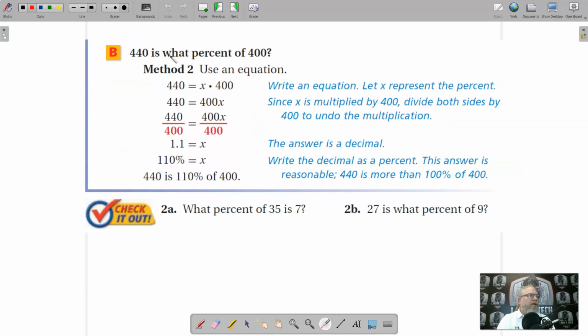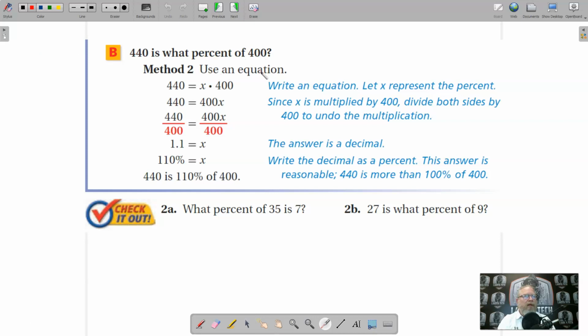All right, let's look at our next page. 440 is what percent of 400? So 440 actually is the part. The part is actually greater than the whole this time, so we should be looking for some number that is greater than 100%, because the part is greater than the whole.